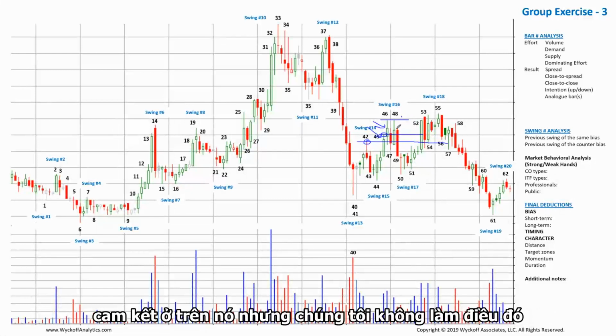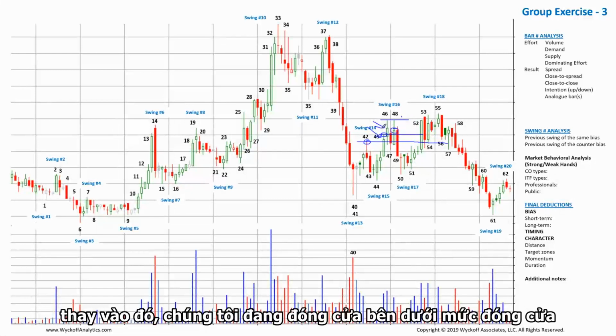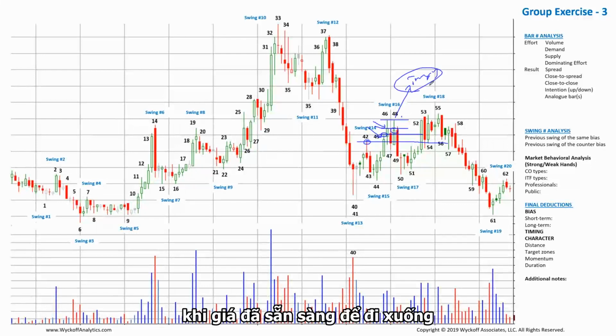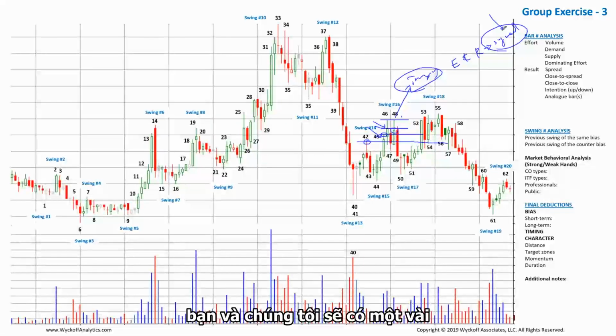And yet we don't do that. Instead, we're closing below the close of 46. So that shows us the timing of when the price is ready to go down, because the effort and the result at this point are somewhat synced. And in the practicum, I'm going to show you, and we're going to have a couple of exercises on synchronicity between the effort and the result.